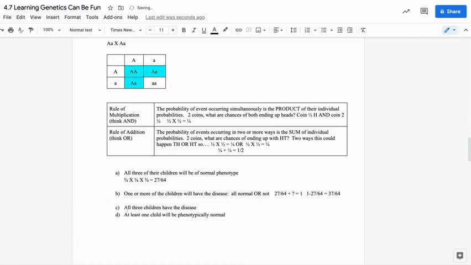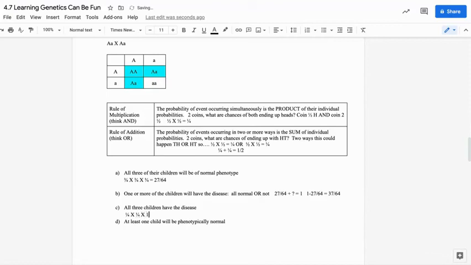Okay, what are the chances that all 3 children have the disease? Okay, so again, this is my first child and my second child and my third child have the disease. So the chance of getting the disease, if you go back to your little Punnett square, is a 1 in 4 chance. So I have a 1 in 4 chance for each of the children, and again, this is a simultaneous event.